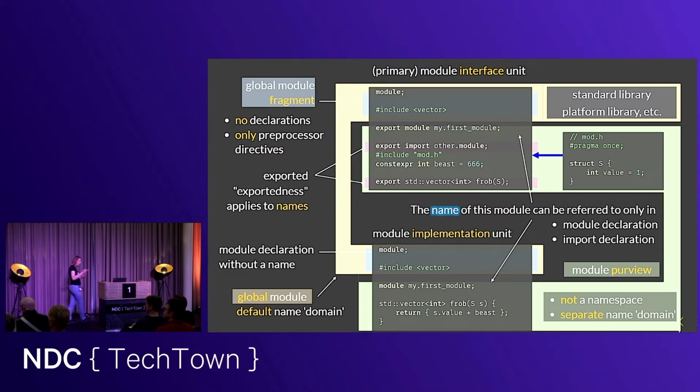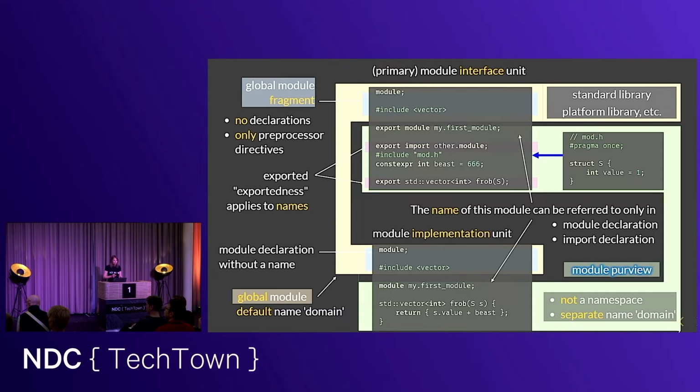And all the parts of code that have this light green backdrop constitute the so-called module purview. This is actually the core part of a module where all the module rules apply. They are slightly different to what we are used to today.